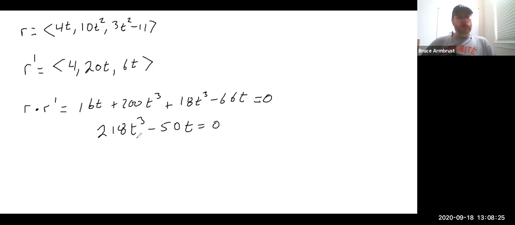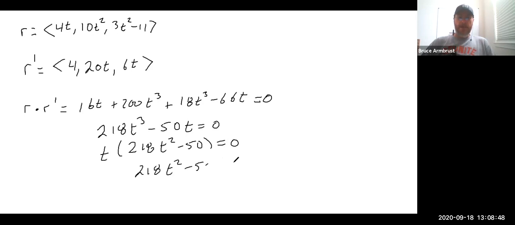T equals 0 does work, but it's not the only solution because we can actually factor out that t. We now have 218 t squared minus 50. And so the other possibility is when 218 t squared minus 50 equals 0.